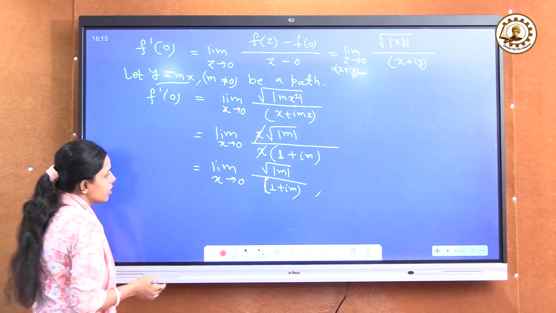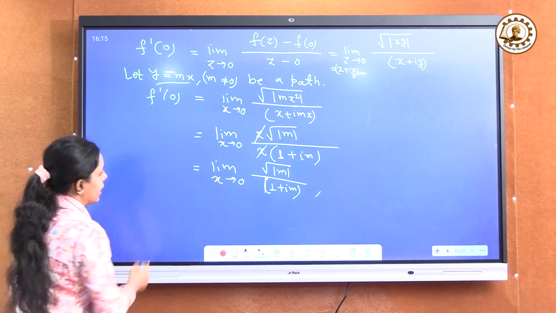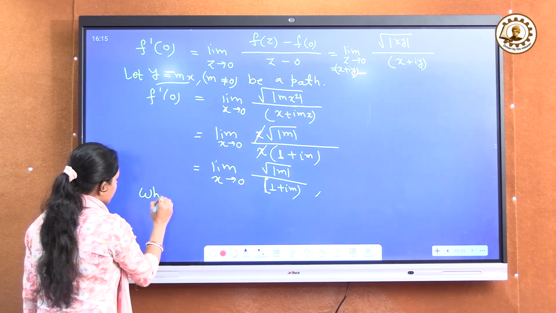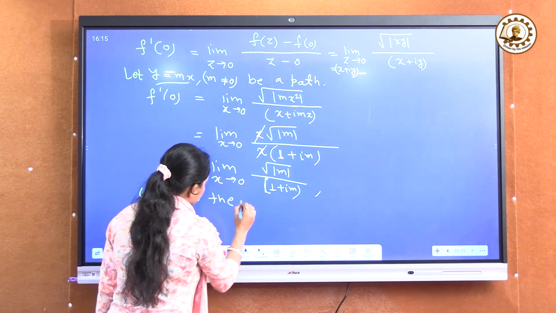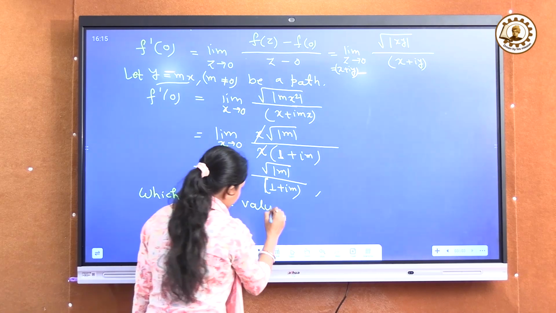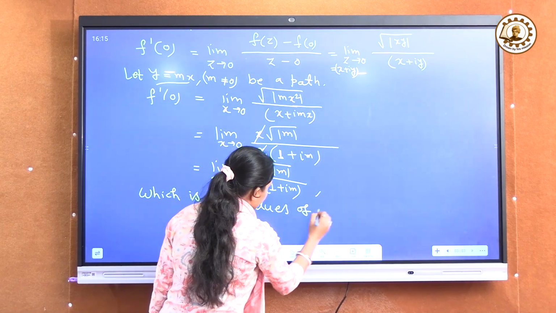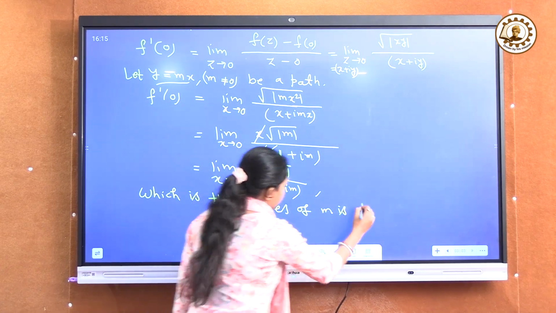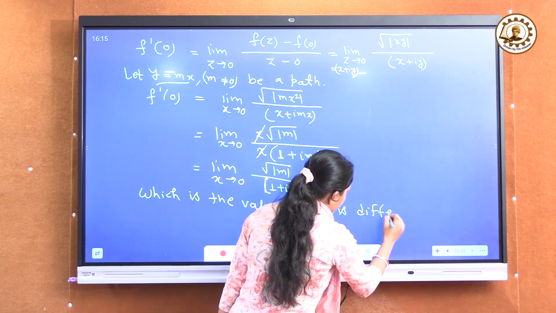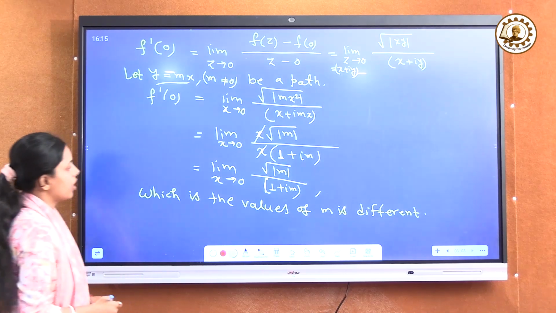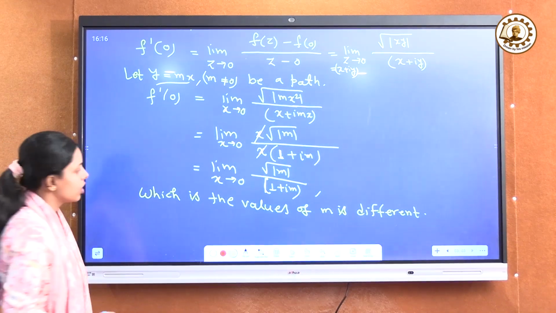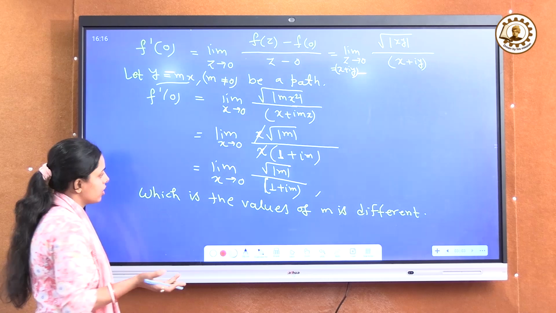The values of m are different, so we cannot get a unique value of the limit.